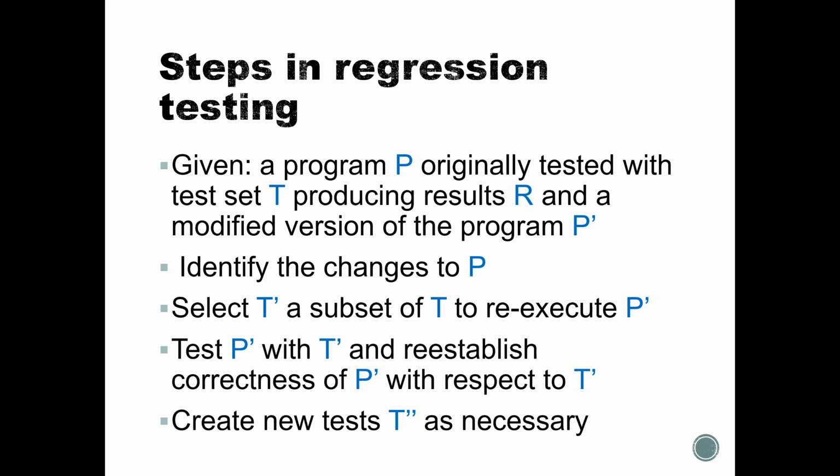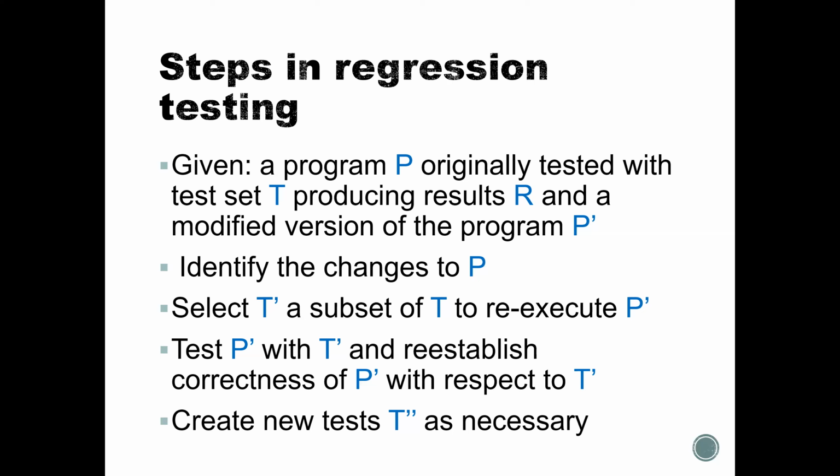Now we also have a modified version of the program P, which we are calling P dash. The first thing is we need to identify what changes we have made to the program P, and based on that we are going to select T dash, which is a subset of T, on which we are going to re-execute P dash, the modified program.